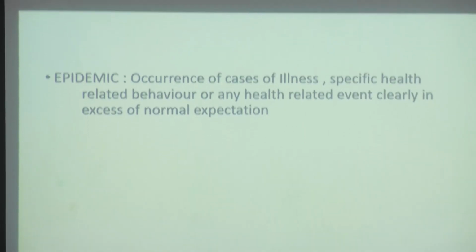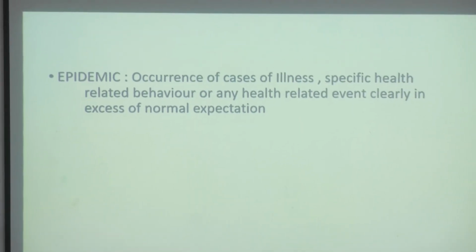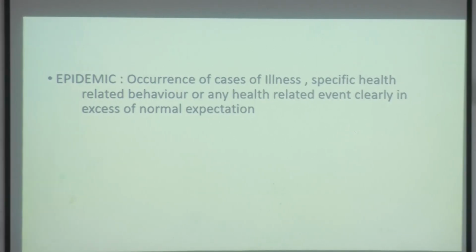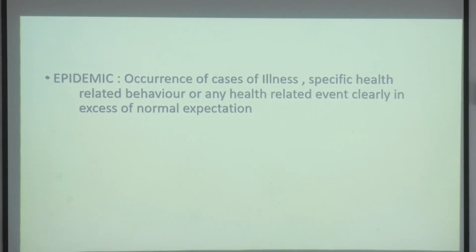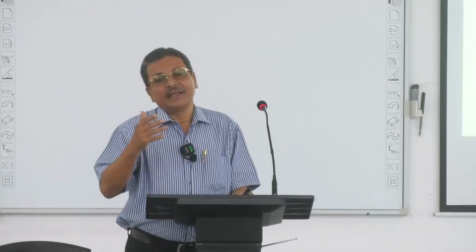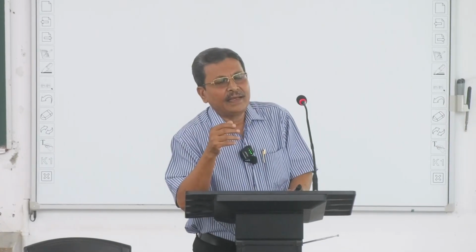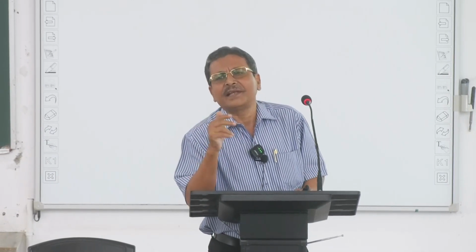Suppose, to understand the epidemic, usually, not 100%, for the last 3 years we see the occurrence of that disease or that health-related behavior. When it is in excess of our expected occurrence, it may be an epidemic. It is often said that in most areas of the United States of America there is no cholera.